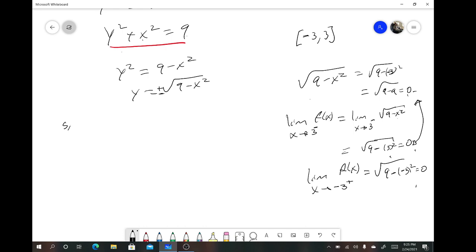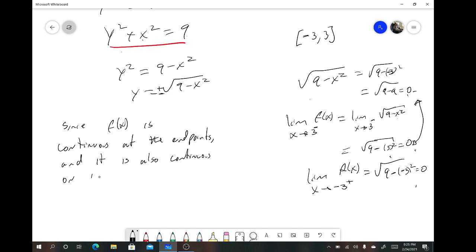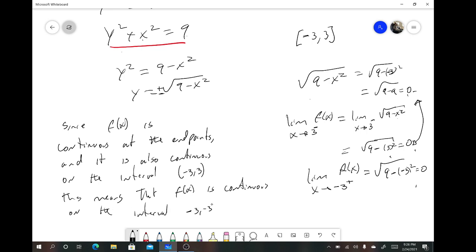Now, since f of x is continuous at the endpoints, and it is also continuous on the interval minus 3 to 3, this means that f of x is continuous on the interval negative 3 to 3 with the endpoints included.